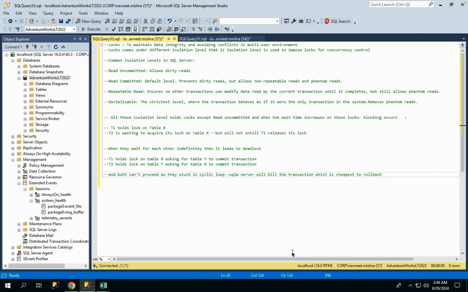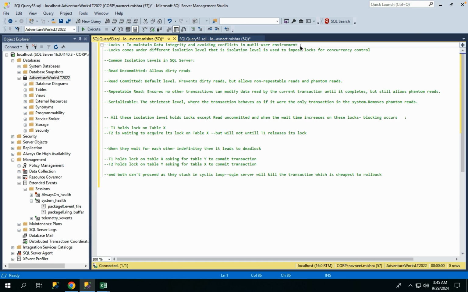As we know, database comes with the ACID property. Locks use one of the ACID properties, that is called isolation, to maintain the data integrity and avoid conflicts in a multi-user environment. As we know, the database runs in a multi-user environment. So many users at the same time try to manipulate, update, insert the same data.